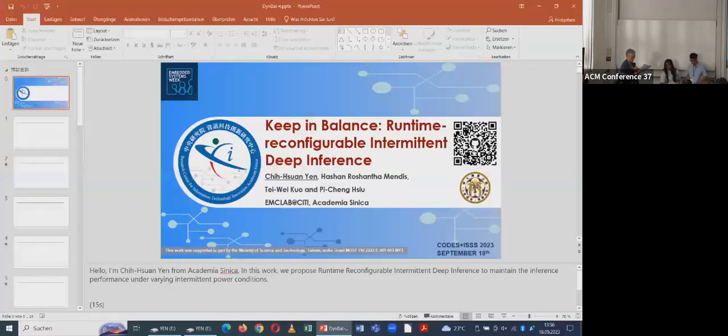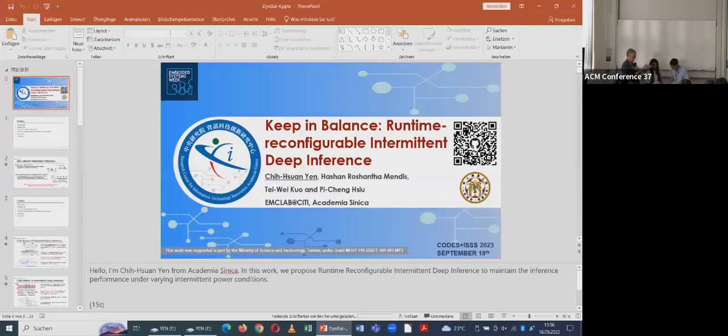He is also a research assistant with the Research Center for Information Technology Innovation, Academia Sinica, Taipei. His research interests include embedded systems, embedded deep learning, and intermittent computing. His title is Keep in Balance, Runtime Reconfigurable Intermittent Deep Inference.